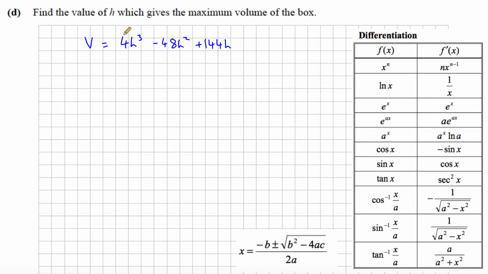So this is a function, or it can be thought of as a function where v is expressed in terms of h. So if you want to find the maximum volume of the box, so when is v at its maximum, what you can do here is differentiate. In other words, you can find dv/dh and let it equal 0, and that will give you the maximum volume.